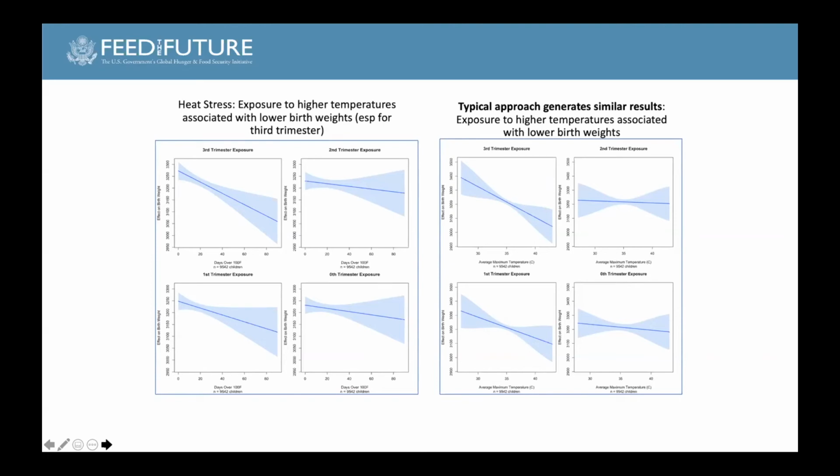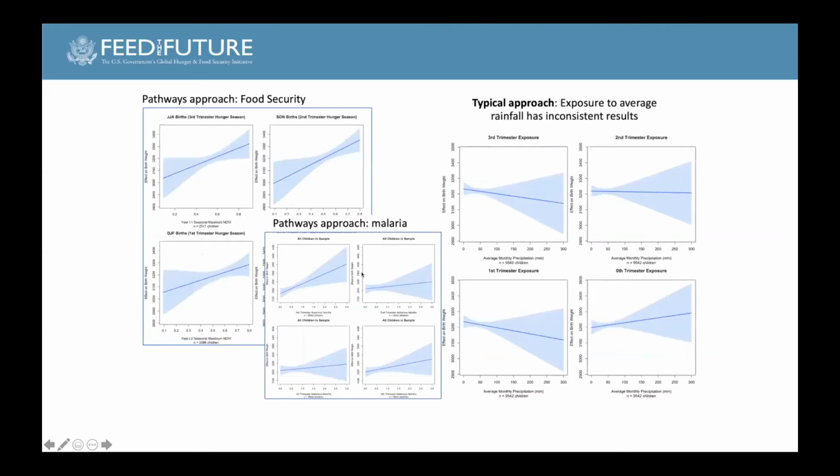But when you do it for food security or disease, so this is average rainfall, just during the third trimester, how much rainfall there was on average over those 3 months. Remember, rainfall is important for this vegetation measure, and it's also important for malaria. And what you see is two totally different outcomes. None of these are telling the same story.